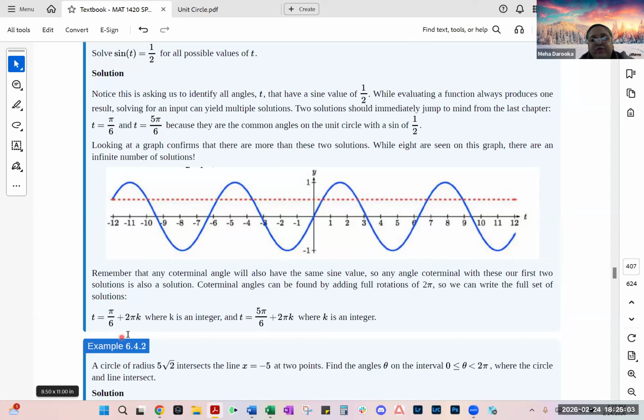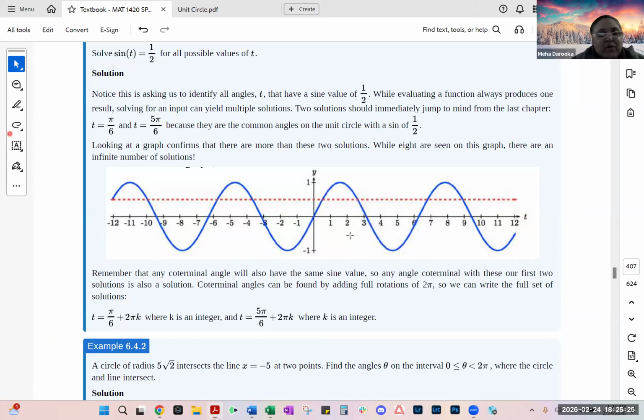So the easiest way to write it is we can say, okay, t can equal pi over 6 plus 2 pi. So we know plus 2 pi gives you one full revolution. We know subtracting 2 pi will give us a negative angle, but instead of specifying that, you actually multiply it with k, because then we can say k is an integer, right?